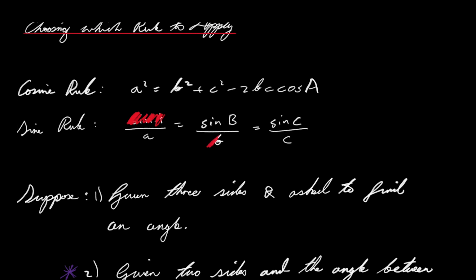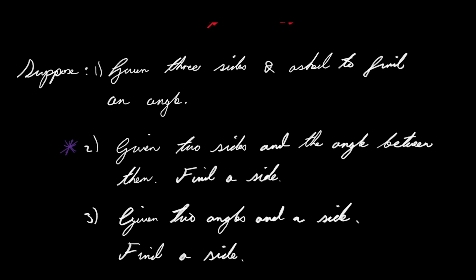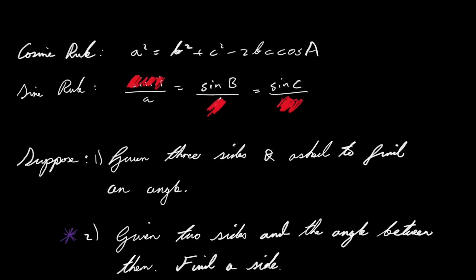Yeah, we know the sides B and C. Okay, now you can see whichever equation we pick, it's not going to be very convenient because we have 2 unknowns. Okay, if we pick this equation, we also have 2 unknowns, A and the sine of C. And here we have 2 unknowns if we pick this equation, the sine of B and the sine of C. Okay, so we would use the cosine rule, right?